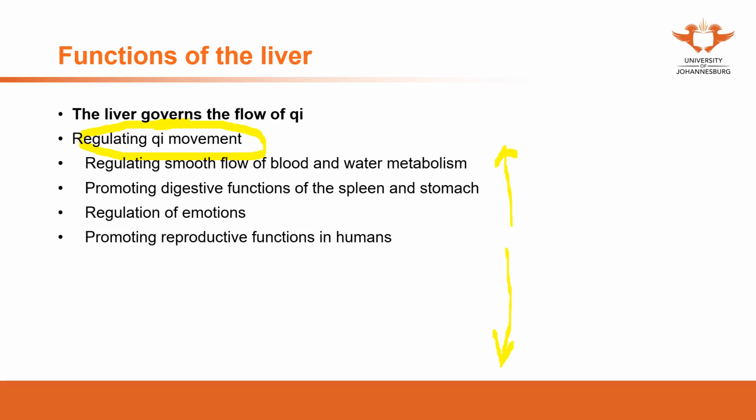Or if the flow lacks movement, we call it stagnation. The patient will present with depression and distending sensations in the chest, breast, or on either side of the abdomen.